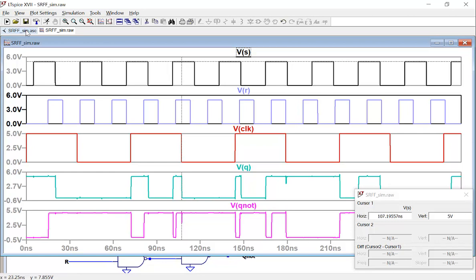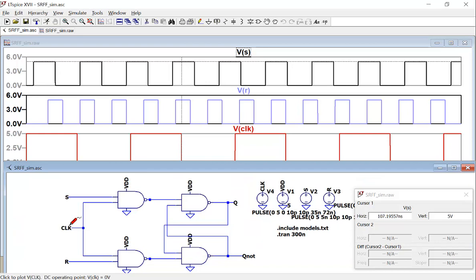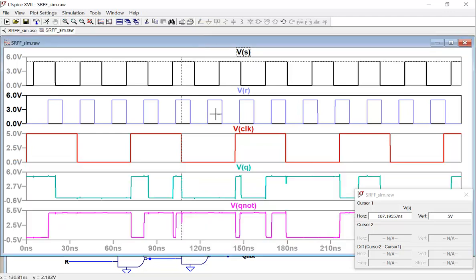So S and R are still ones, not changing, but clock had a falling edge, it's actually keeping these two signals to be 1 and 1, right? It should memorize, but it didn't. Is that because of the dip over here?